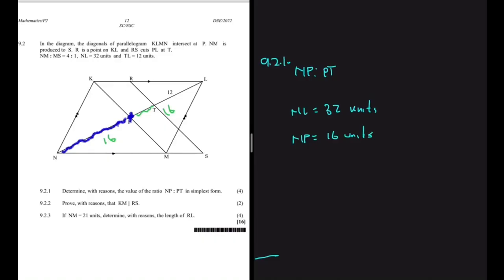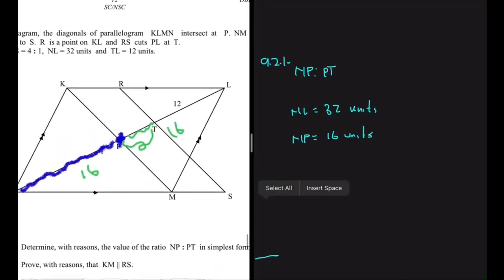And then now if we find PT, we would essentially be done, right? So from T to L is 12 units, but we need PL to also be equal to 16, right? So that tells us that PT is equal to 4 units.